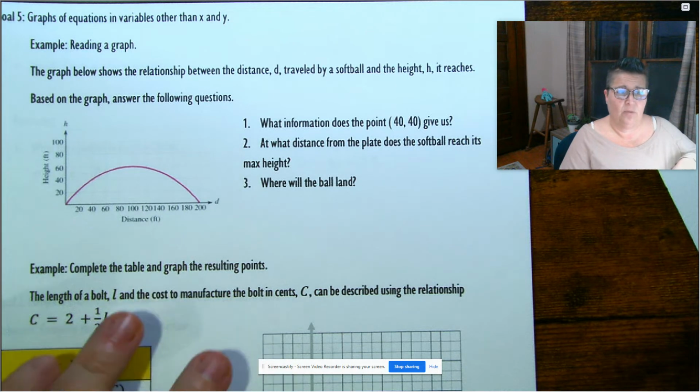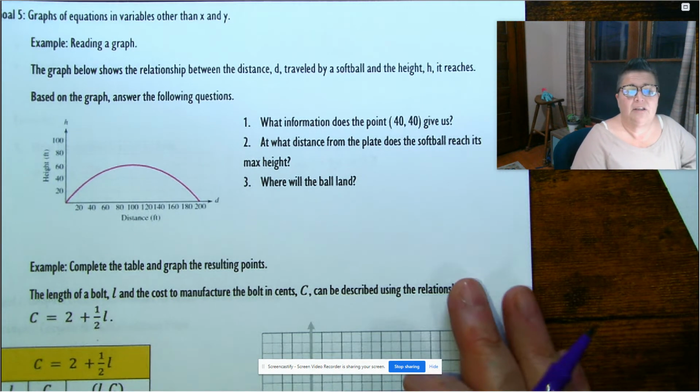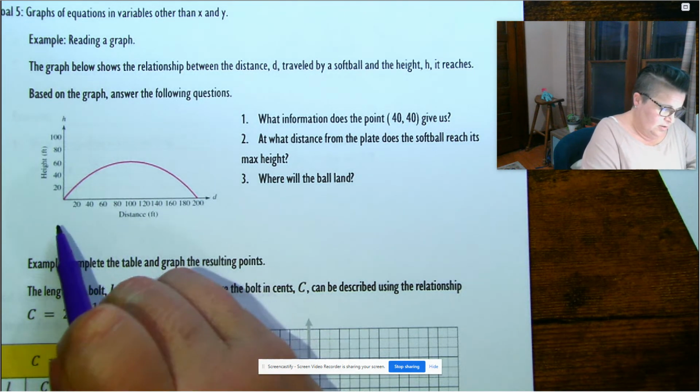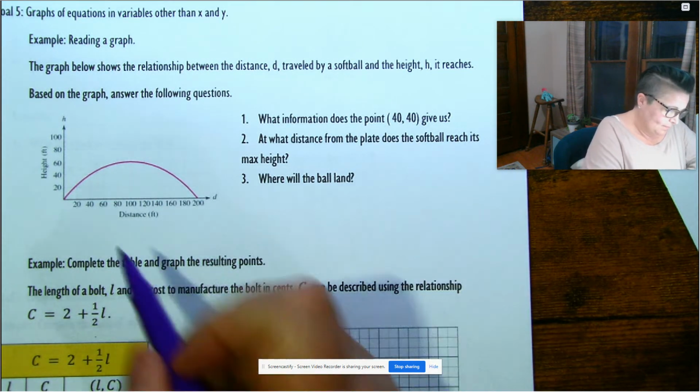So here we have a graph that shows the relationship between the distance d traveled by a softball and the height h that it reaches. Based on the graph, what does the following point 40, 40 give us?